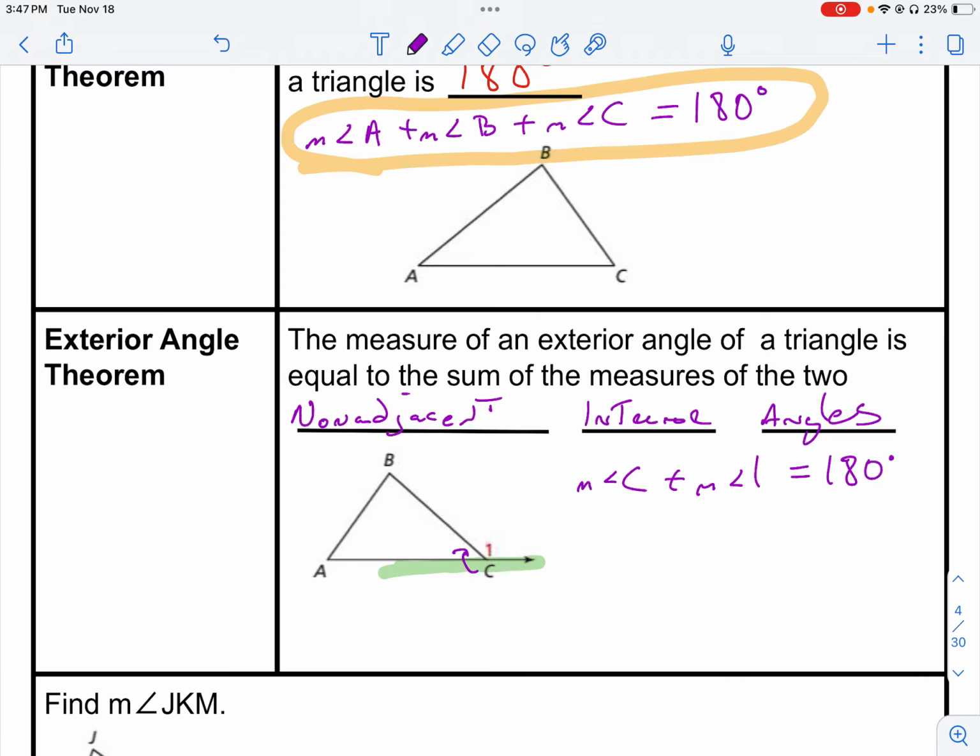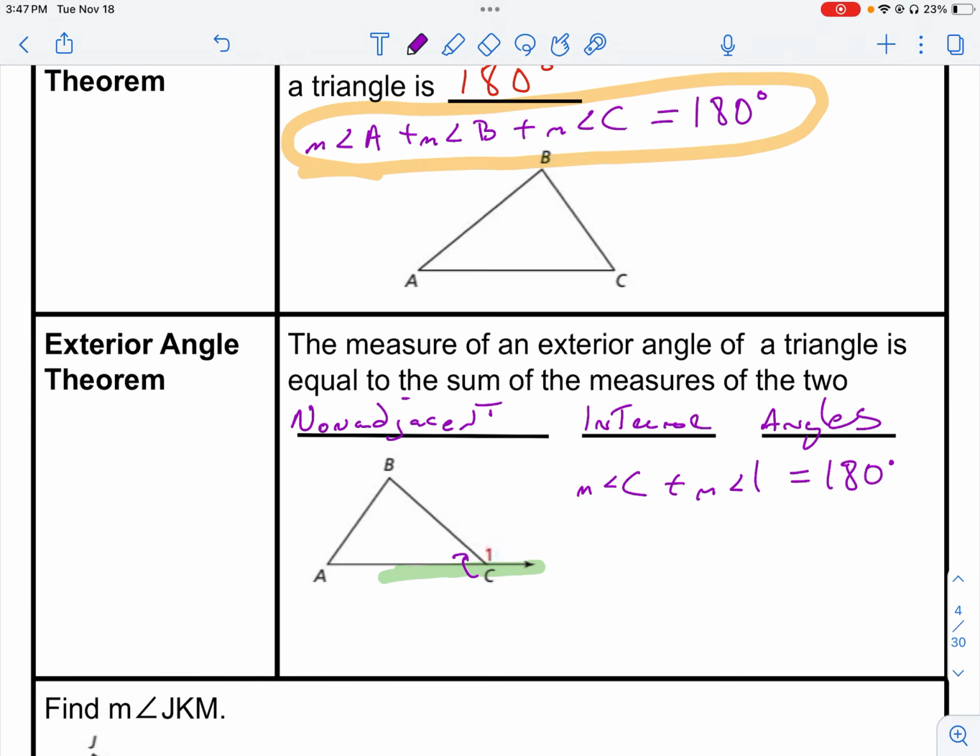Well, if the measure of angle B plus the measure of angle A plus the measure of angle C equal 180 degrees, I can substitute, so the measure of angle A plus the measure of angle B plus the measure of angle C equals the measure of angle C plus the measure of angle 1. Well, I can subtract the measure of angle C from both sides. So I'm left with the measure of angle A plus the measure of angle B equals the measure of angle 1.